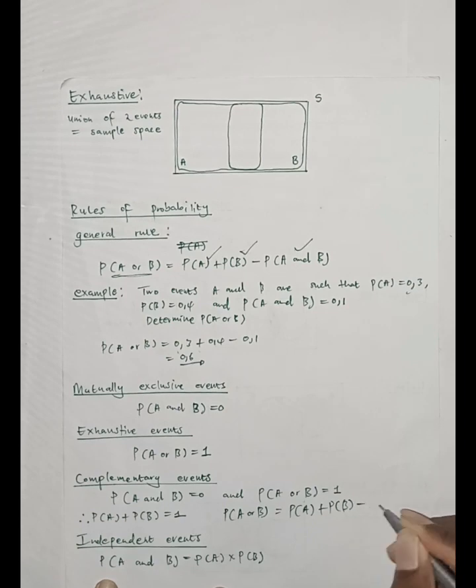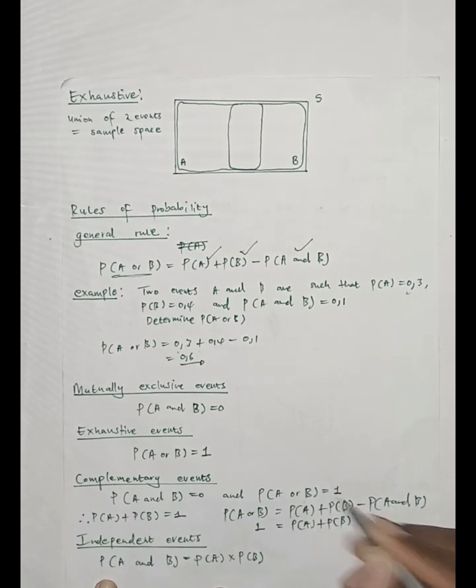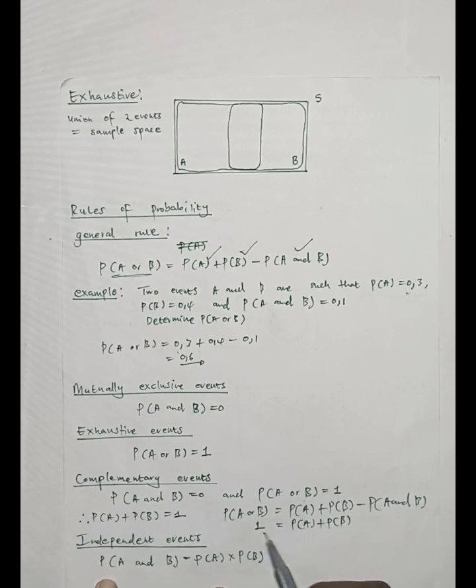We have P of A or B is equal to P of A plus P of B minus P of A and B, right? P of A or B is a union, so it's 1. P of A plus P of B. Then P of A and B is 0, right? So there's no need of writing it, because minus 0 is still the same. So that's where we derive this over there.